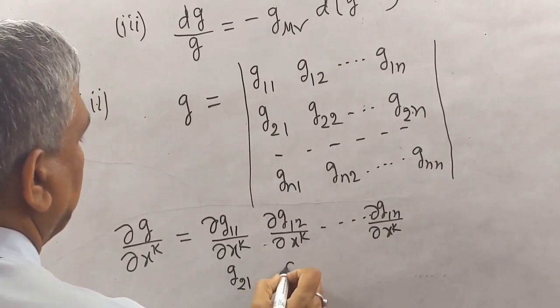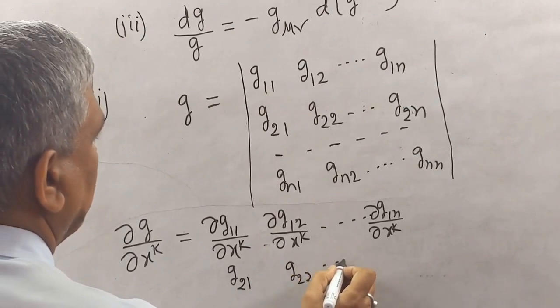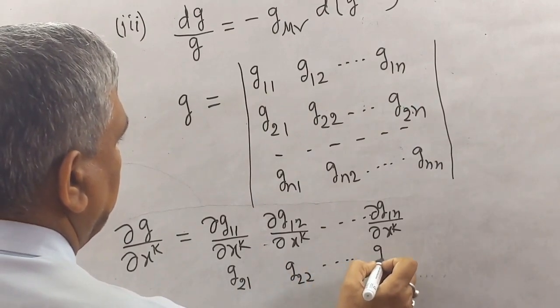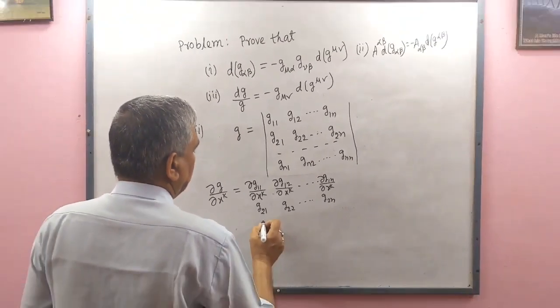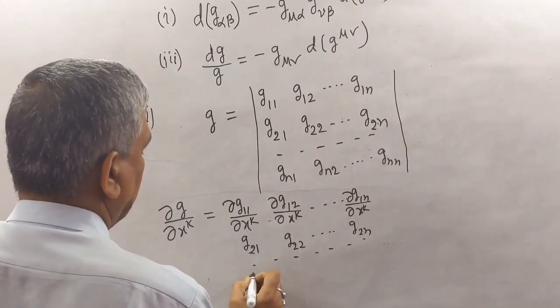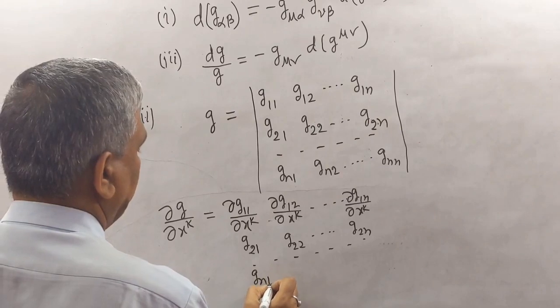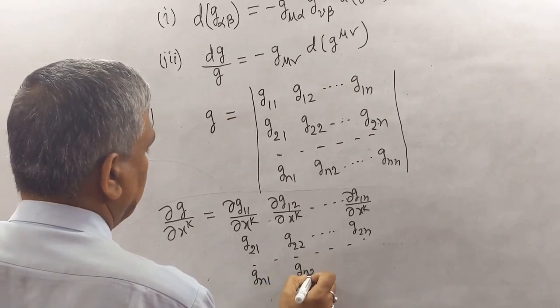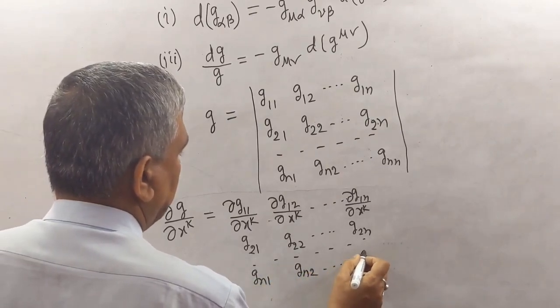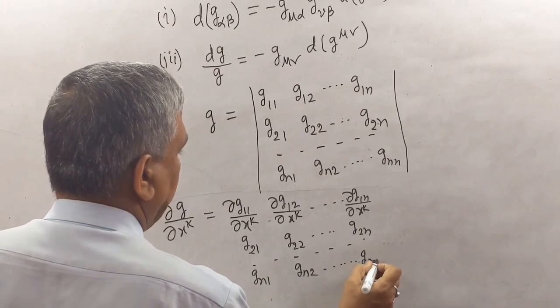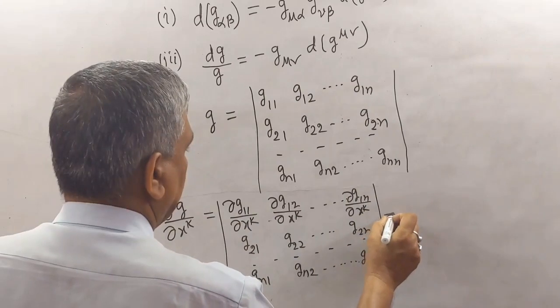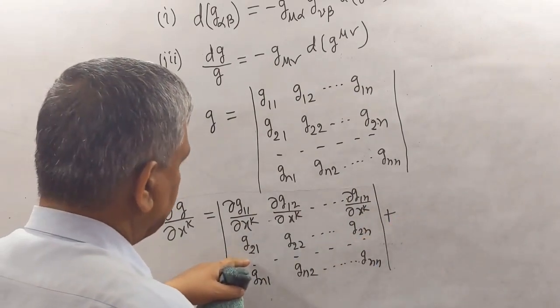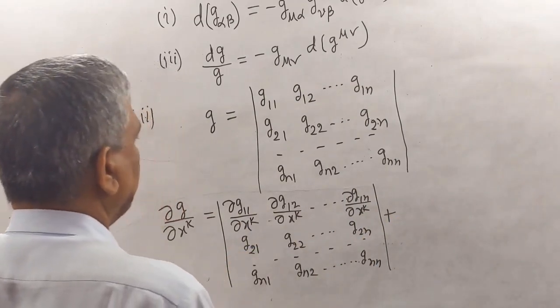G21, G22, G2n, dot dot dot, Gn1, Gn2, Gnn, plus differentiation of the second row.